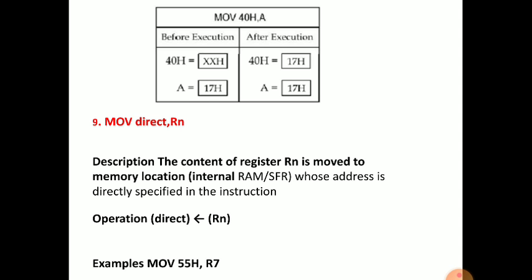The 40H location will have 17H and the accumulator has 17H again, because in the data transfer group the data is just copied. As we saw in the first slide of today's lesson, in data transfer the data is only copied, it will not erase the source register's data. So it will keep the data in both places.